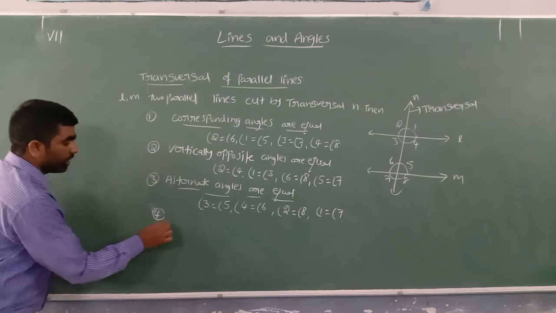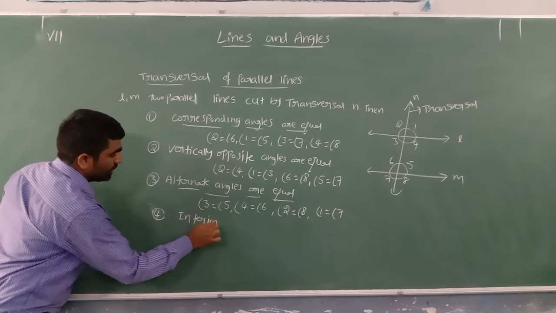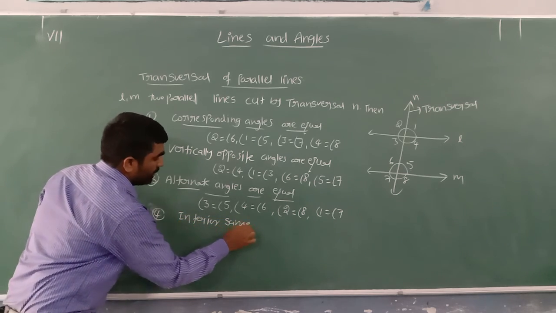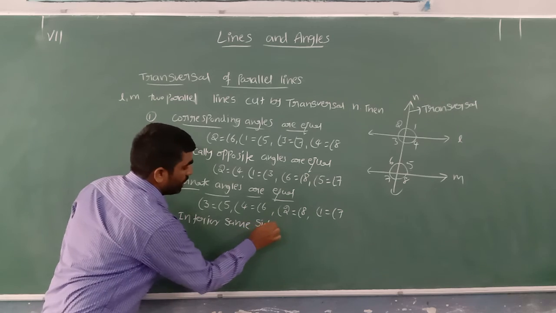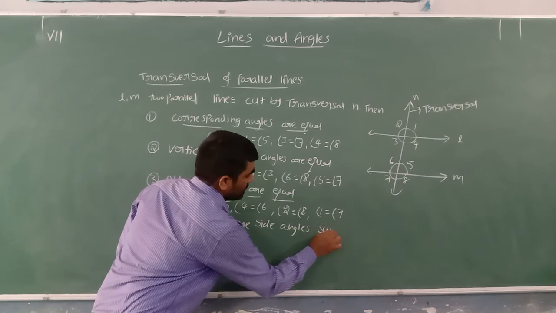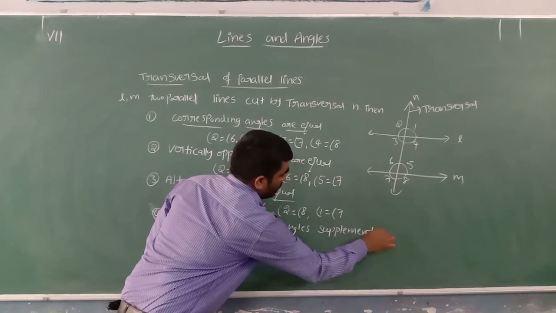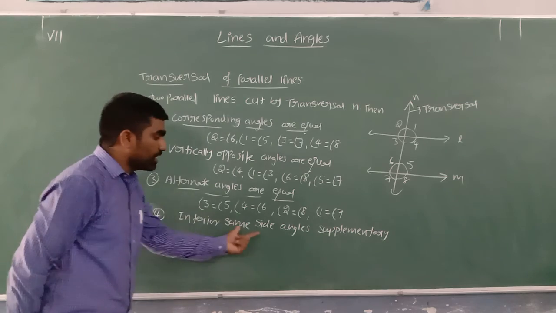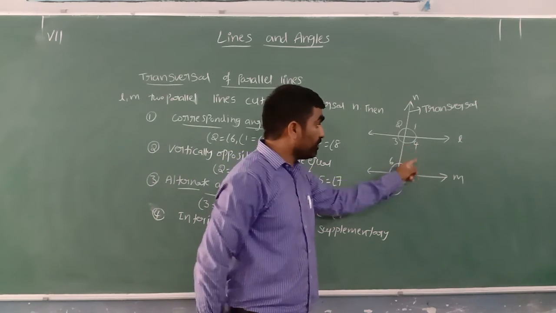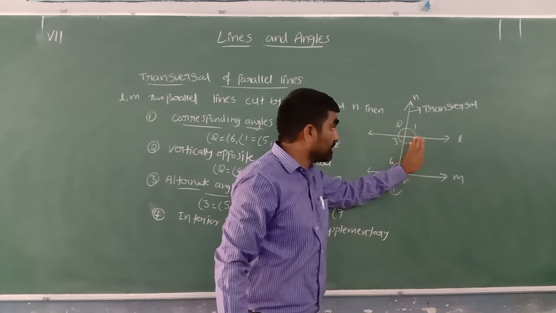Then we have interior same side angles. Interior same side angles are supplementary. Angles 4 and 5 are inside the two parallel lines and on the same side of the transversal.